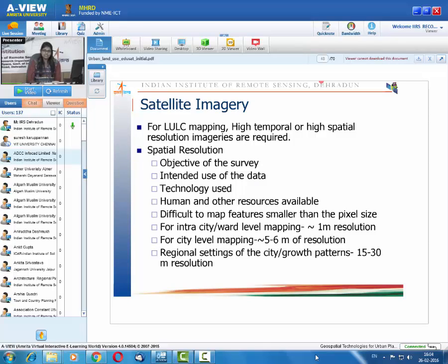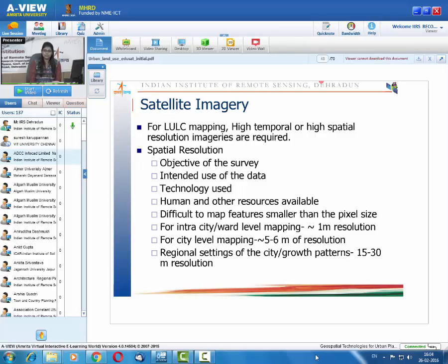As I said, satellite imagery is very important for any image analysis or for any image classification. So for LULC mapping, what is the requirement of the image? Let us focus on that. We need high temporal, high spatial resolution imagery. If we are doing growth analysis, we do not need high temporal resolution imagery.